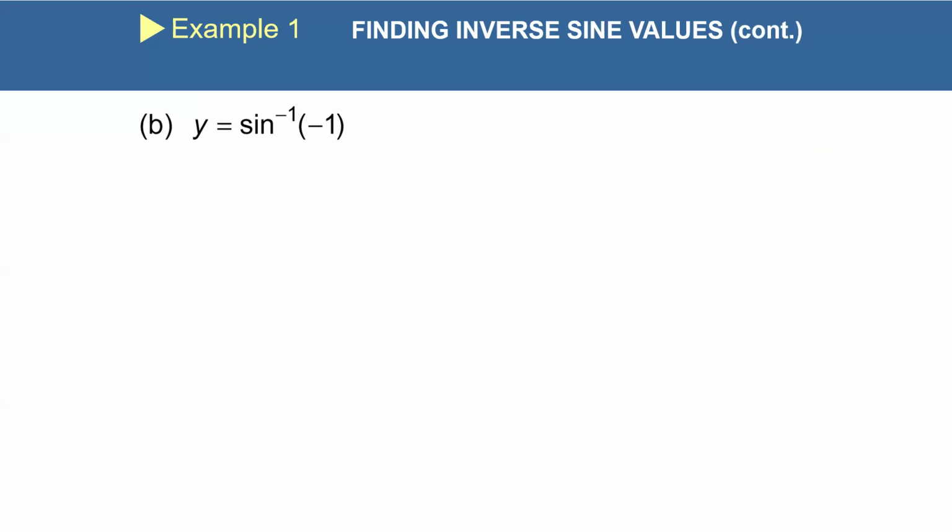All right, ready again? Now it's saying sine inverse of -1. So this time we're asking ourselves, when does sine theta equal -1? That's at 270 degrees or 3 pi over 2, right?